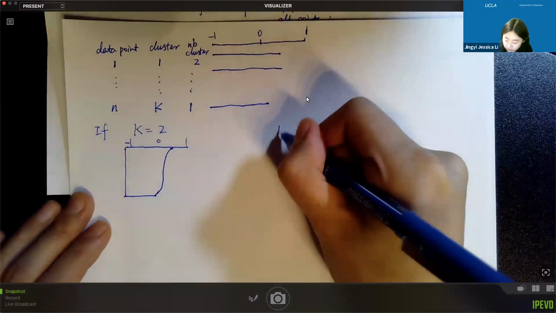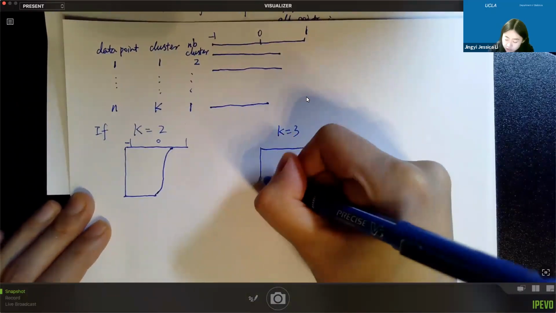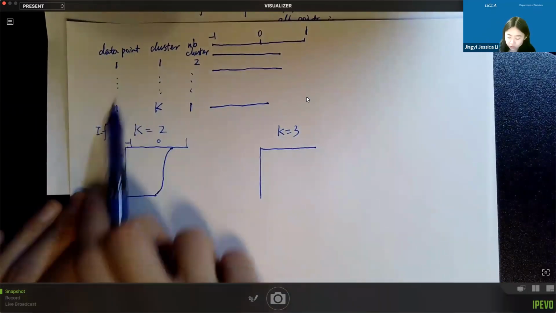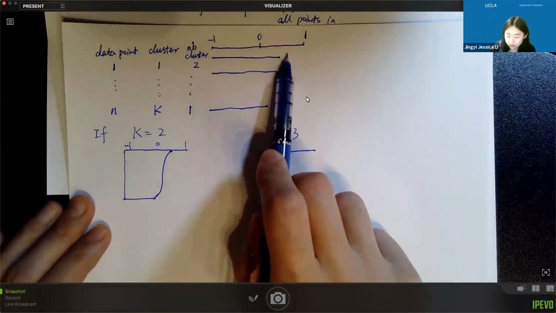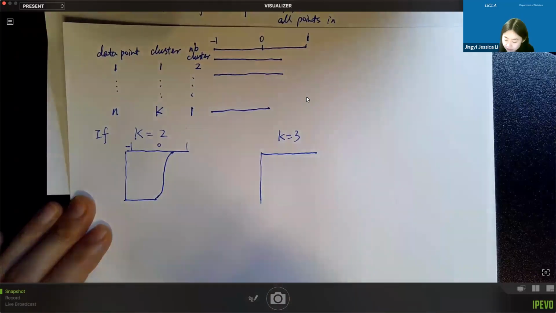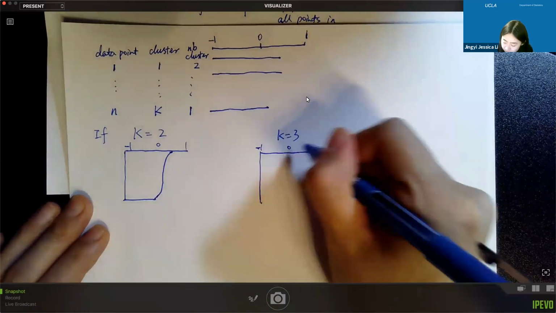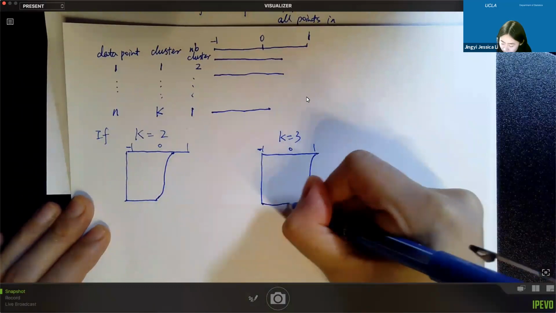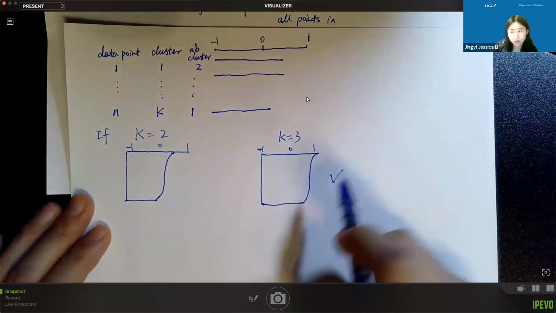If K equals 3, it has this, and I forgot to say that usually the points will be automatically ordered by their silhouette. So the one with the largest silhouette will be on the top, the one with the smallest will be on the bottom, so the shape will look nice. And if K equals 3, still negative 1, 0, 1. If the silhouette has a larger area here compared to this one, then you would prefer K equals 3 over K equals 2.